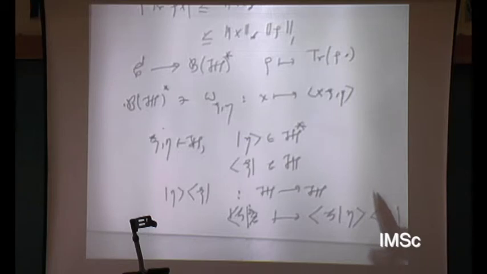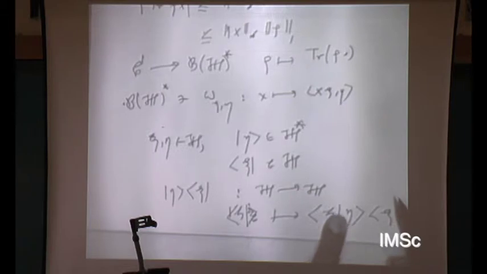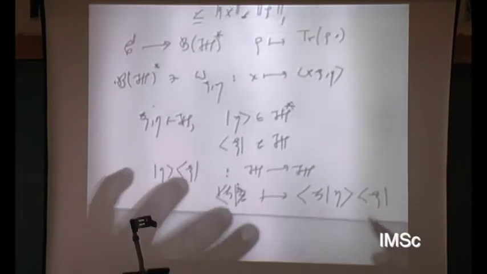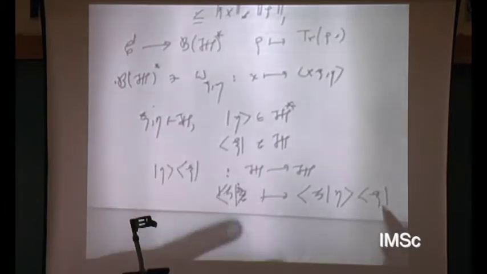That scalar will give you a linear functional on the Hilbert space. So that will come as inner product with something. So any rank 1 operator can be written like this, where you can in fact choose the psi to have a unit norm.